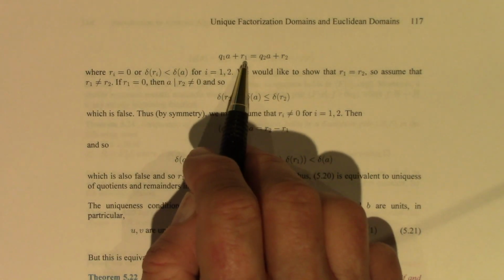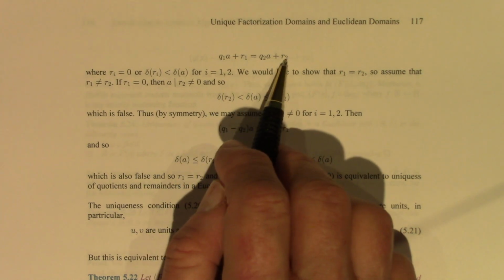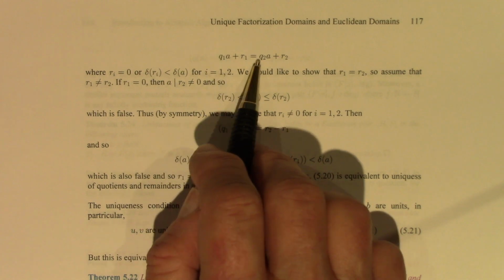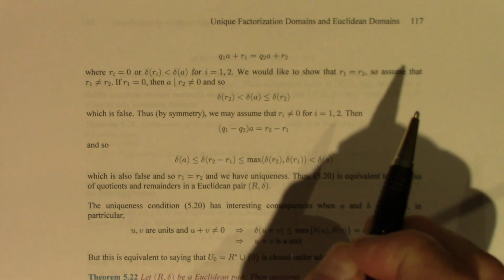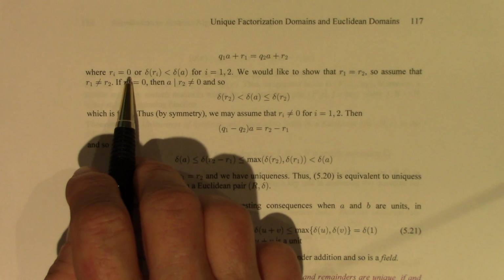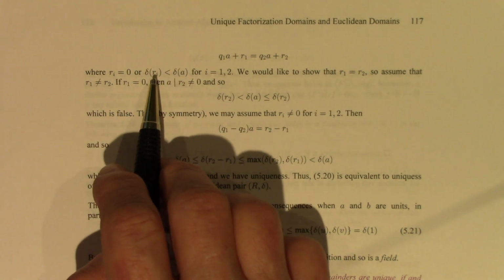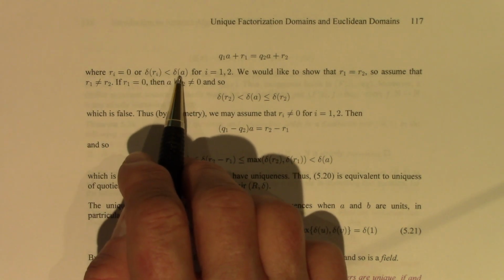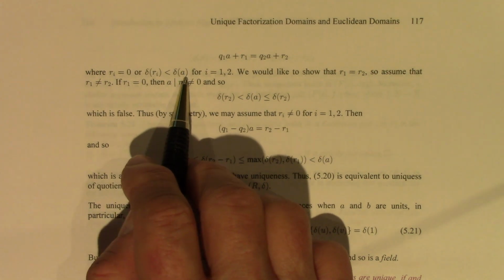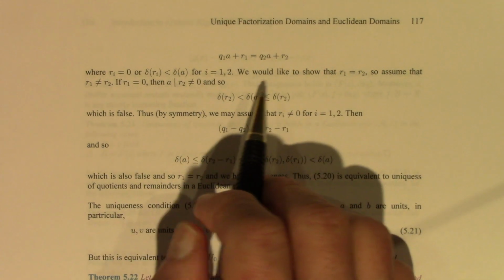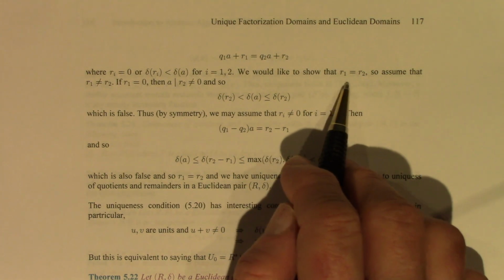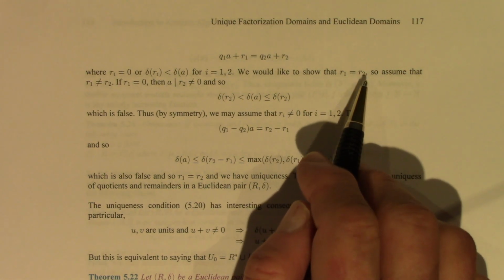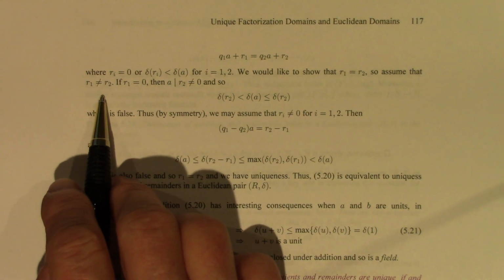And we want to show that R1 equals R2, which will then show that Q1 equals Q2. We know that Ri is 0, or its norm is less than the norm of A. So to show that R1 equals R2, assume they're different.